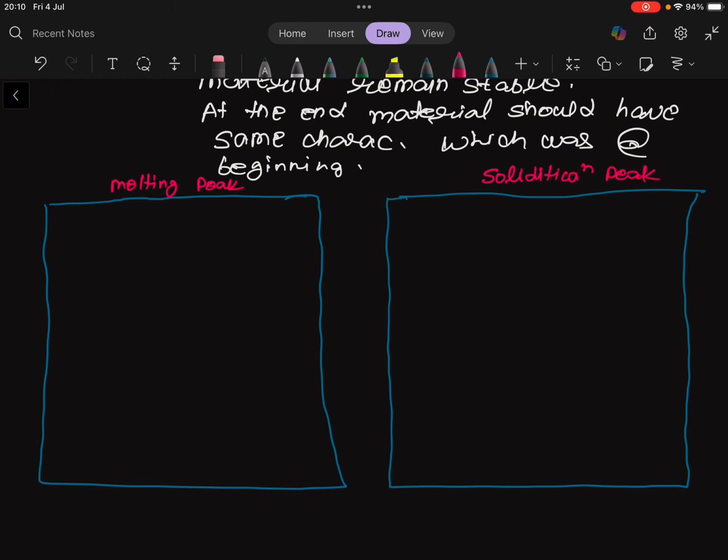On the x-axis we should have temperature in degrees Celsius, and on the y-axis we should have heat flow in joule per gram. Now this graph should look something like this.